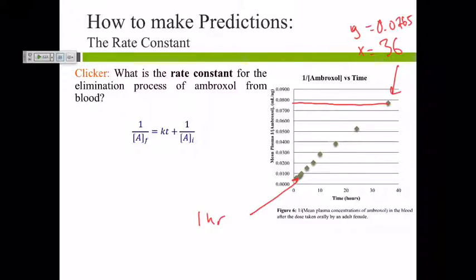And then the bottom one, we have 1 hour as our x, and then our y is going to be 0.0058. Okay? So you need to look at the slope of the line as rise over run. That means our change in y over change in x.